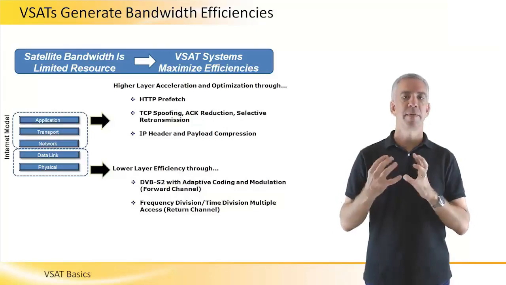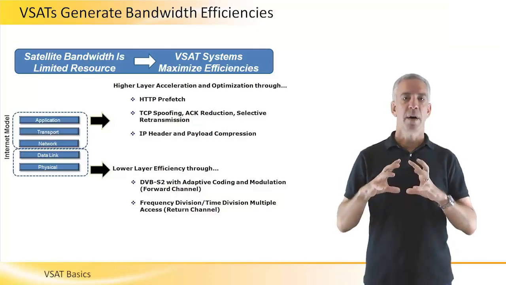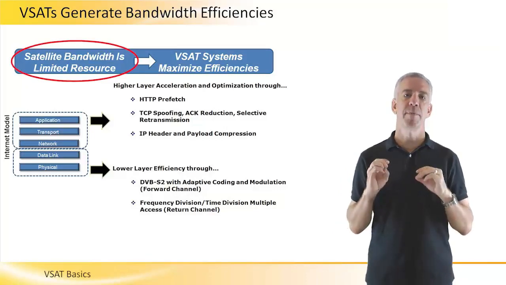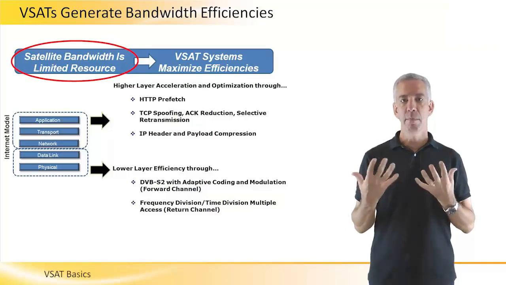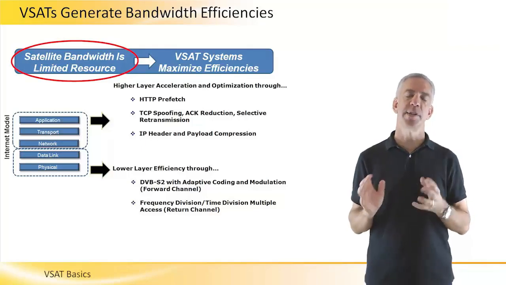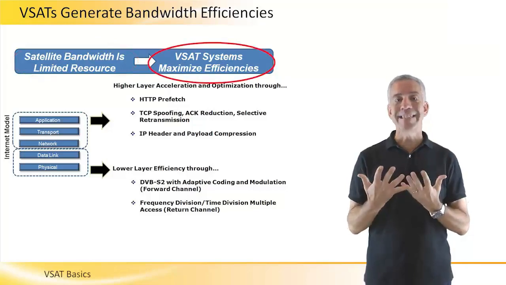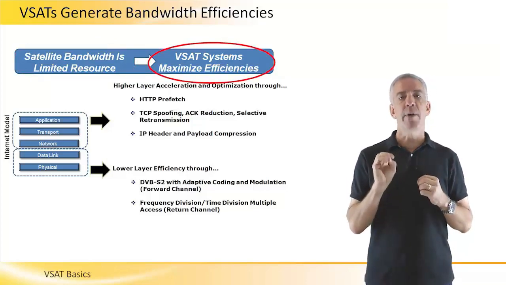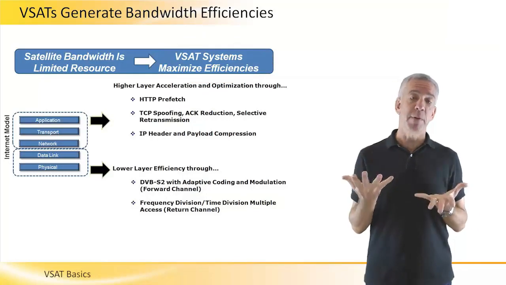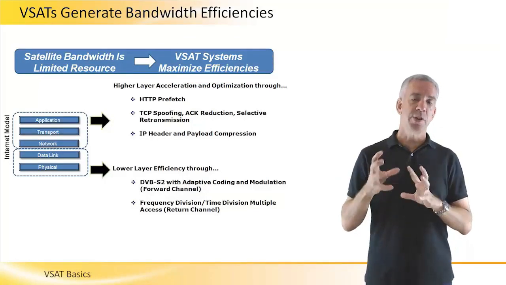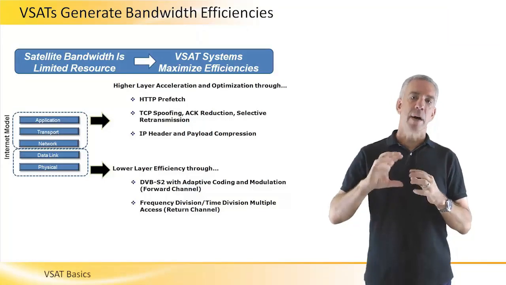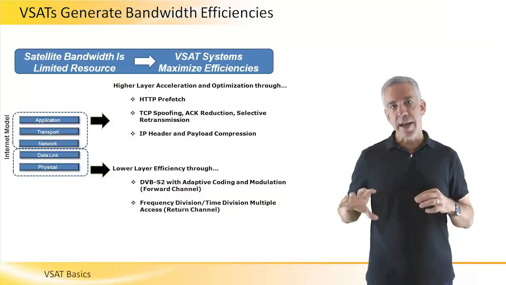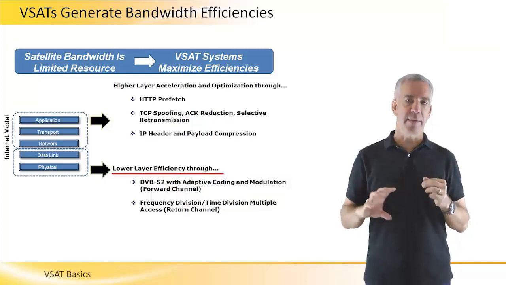Satellites, by their very nature, have a limited amount of bandwidth. That's the most constrained resource in a satellite system. So VSATs, to be cost effective, must generate bandwidth efficiencies. And these bandwidth efficiencies are generally created at two layers. The first layer is at the physical or link level.